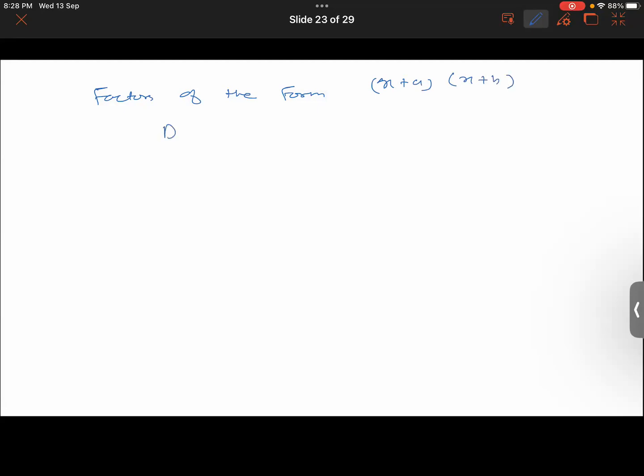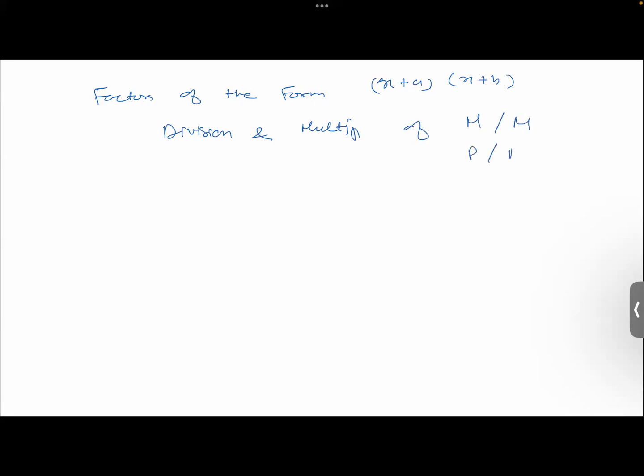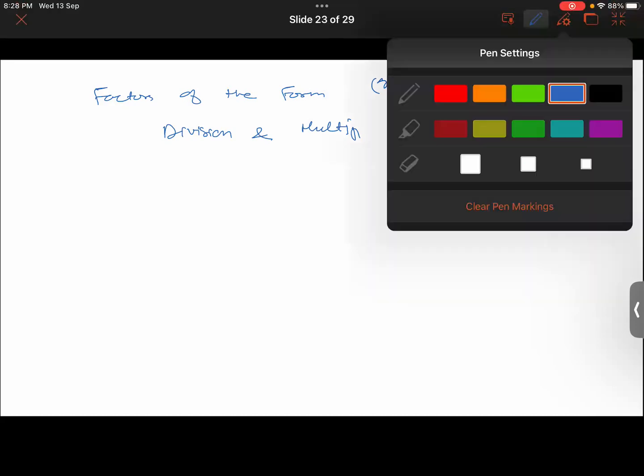Also, we will be talking about division and multiplication of monomials by monomials. Polynomials by monomials. These three things we will try to cover in the next chapter.